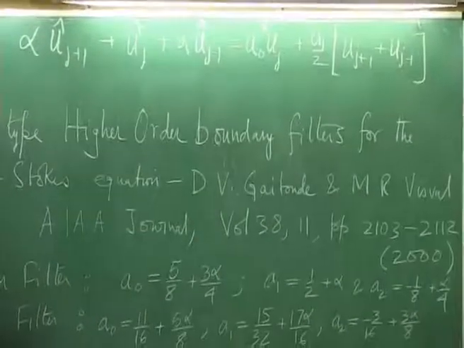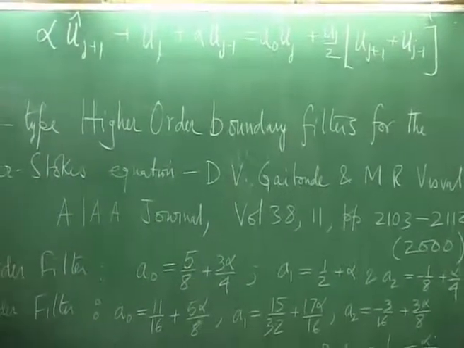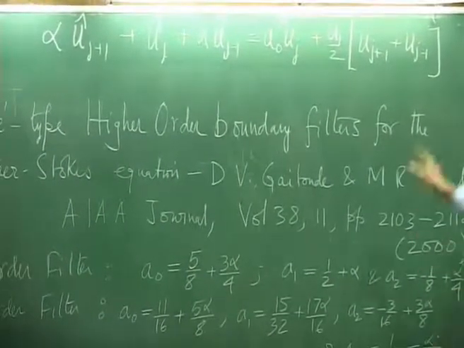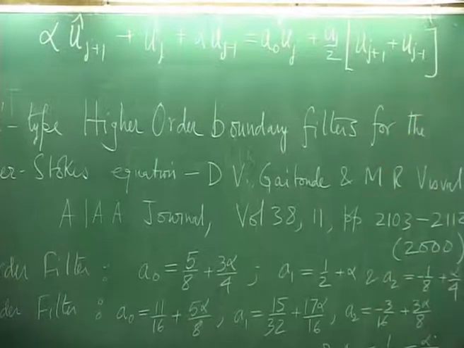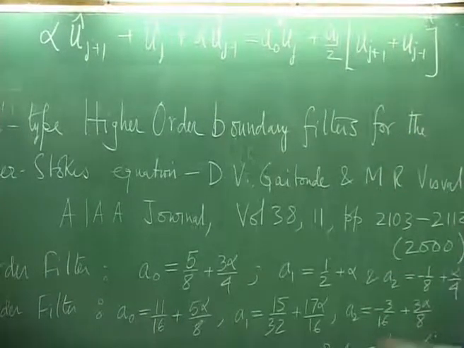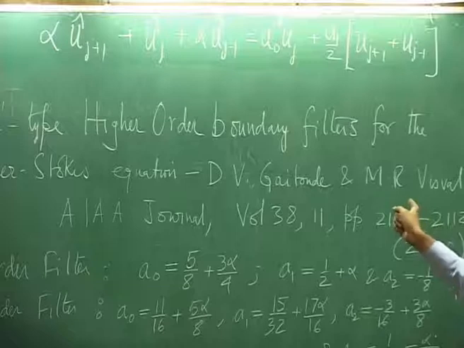So you can see that we can start using this expression from j equal to 2 all the way up to n minus 1.